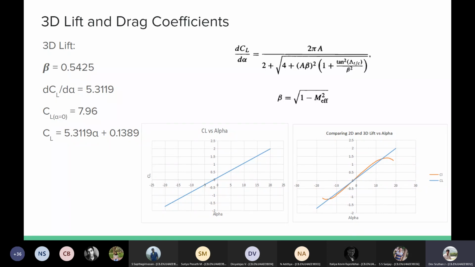We found the formula for CL at alpha equal to 0 and multiplied it, and it was about 7.96. But is it 7.96 like CL? Yes, sir.